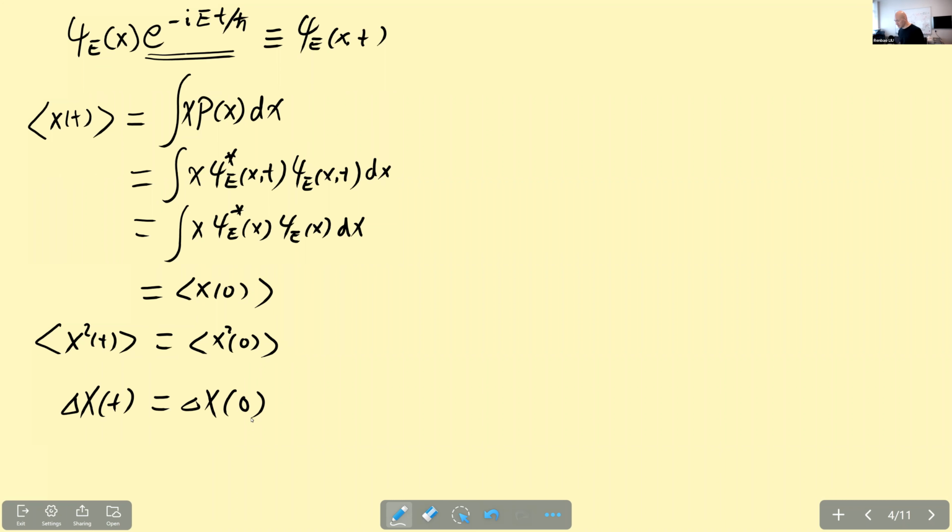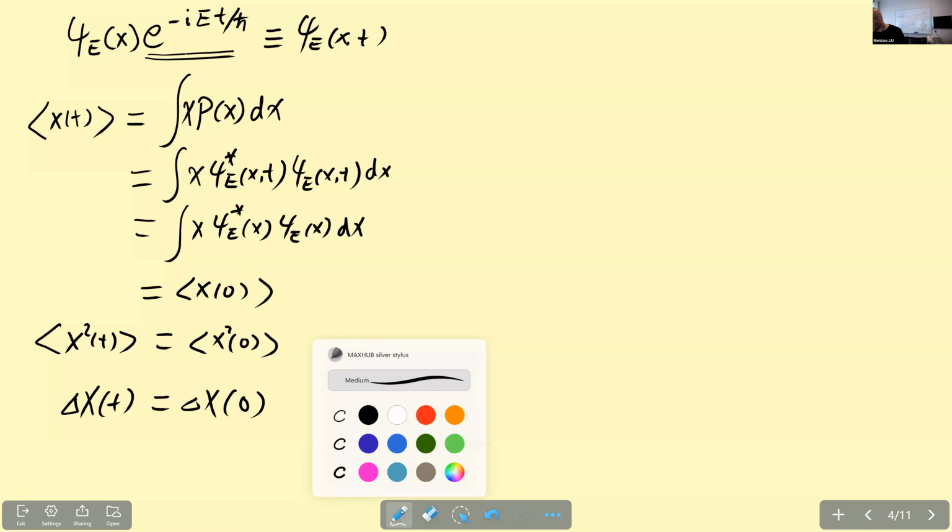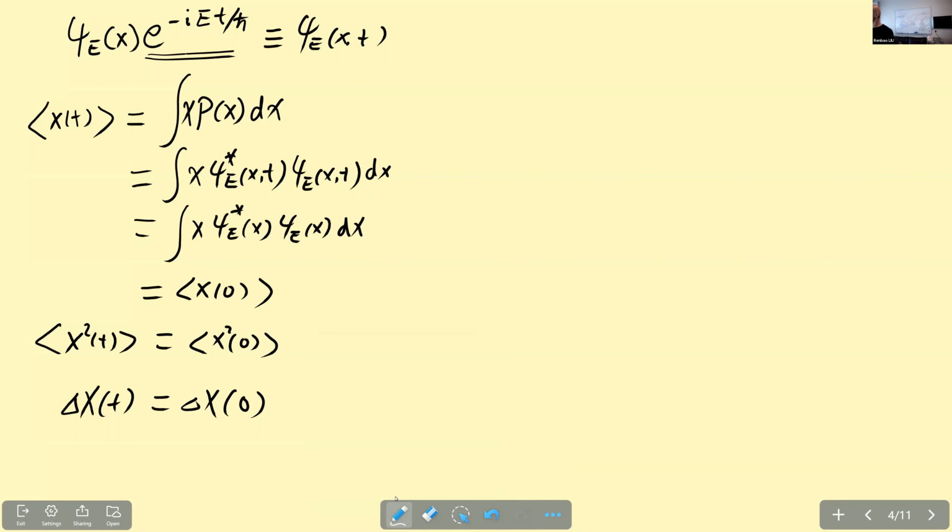And how about the momentum operator? Let's look at the momentum operator. We have known that you can do the Fourier transform. You can also do it another way, okay?